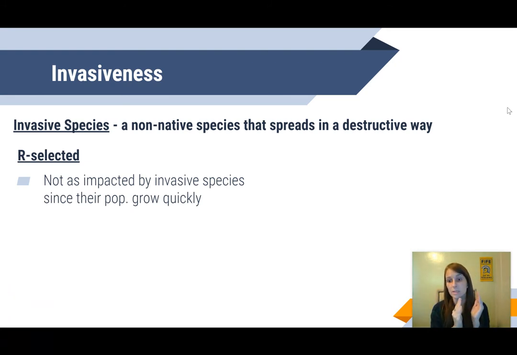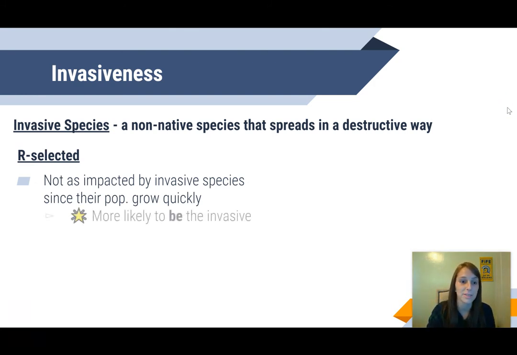If an invasive species comes and takes up part of their habitat, you know what? They still can make thousands of babies with the small amount of area that they have left. In fact, when we're talking about invasive species, R-selected species are more likely to be the invasive ones because they can have so many offspring, they can grow exponentially and spread if they're in a new environment that they can really thrive in.